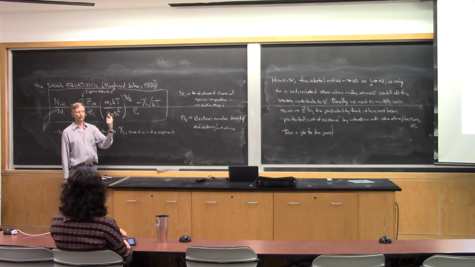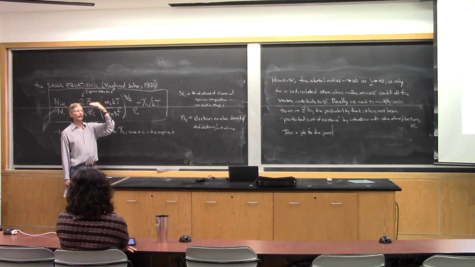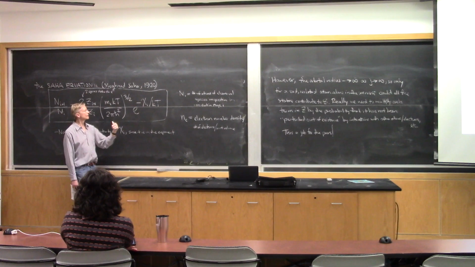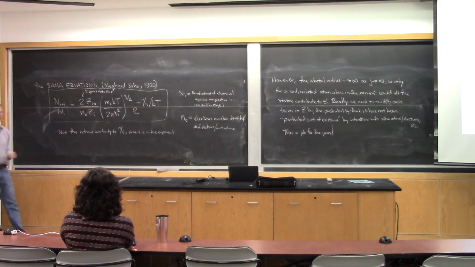You remove one more electron. The more energy that takes, the harder it is to do, the less will have been promoted up to stage I plus 1. So that should make some intuitive sense. Harder, more energy to ionize means less of them get there.